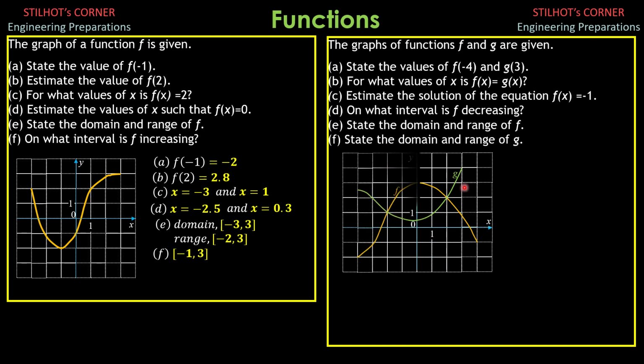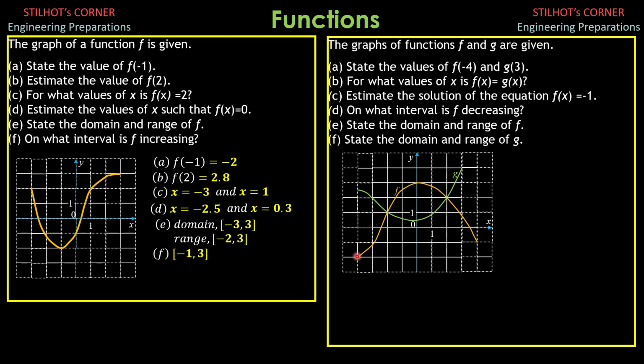So here is the given graph. Graph of f, which is the orange one, and the graph of g, which is the dark green, or somewhat light green one. For the first question, f of -4: on the y-axis, the value of the function when x is -4 is -2.